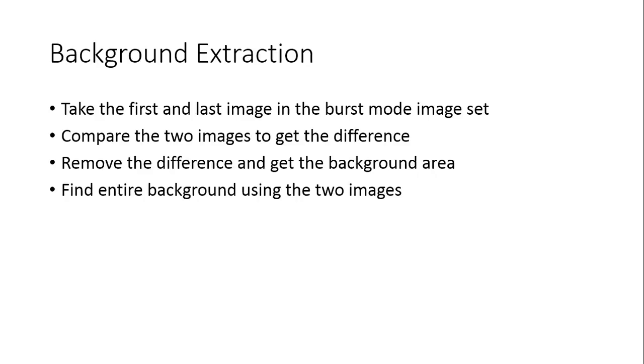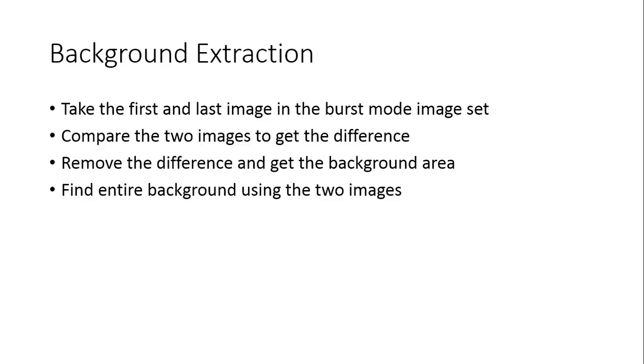So to do that, you take the first and last image in the given image set, and then you convert them into HSV format, which stands for hue, saturation and value. Once you convert it into HSV format, you subtract those two images to get the image without the moving particle, and once that is obtained, you could get the constant background from the alternative images to get the final consolidated background image.